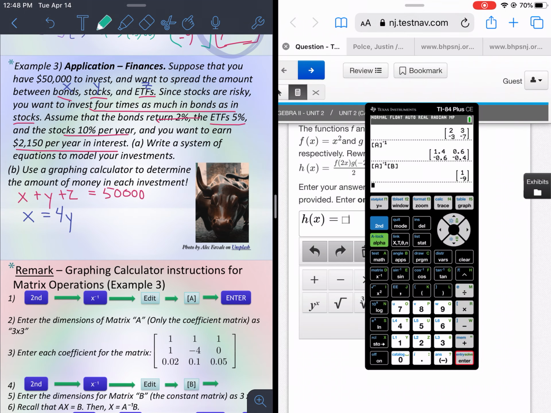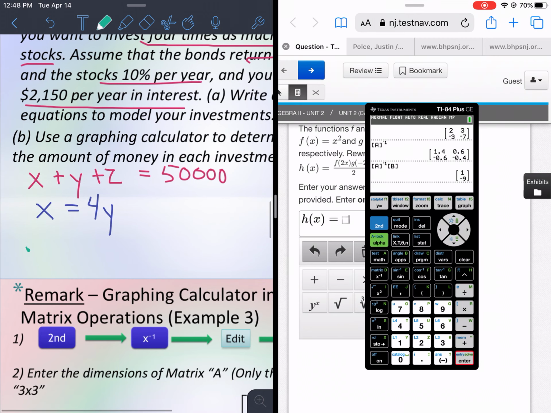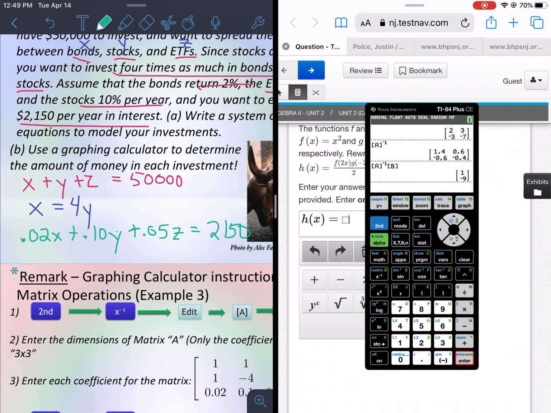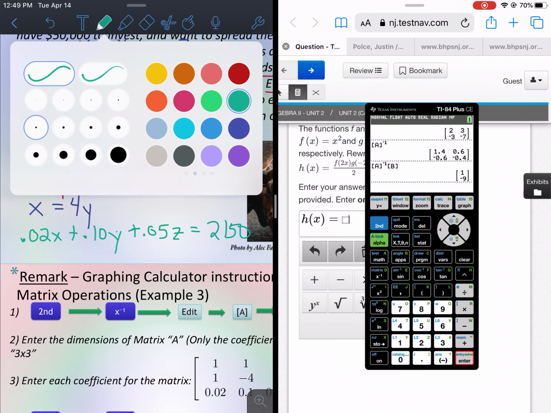So you're going to get 2% of your money in returns on the bonds, 10% on stocks, and 5% on ETFs. All told, you want to make $2,150 per year. There's a set of 3 equations.